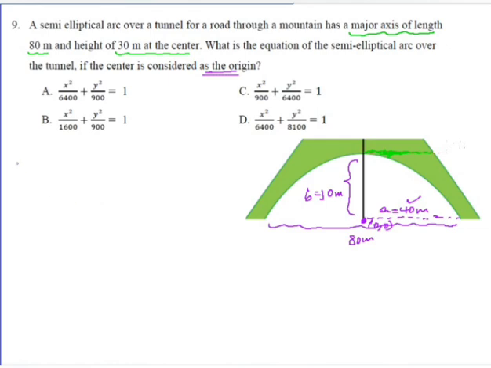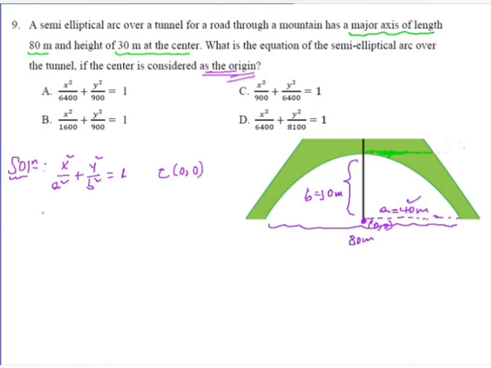Basically, the ellipse is a horizontal ellipse because the semi-major axis, or the major axis, is horizontal. So we take x square over a square plus y square over b square equals 1, where the center is the origin, as it is given here.